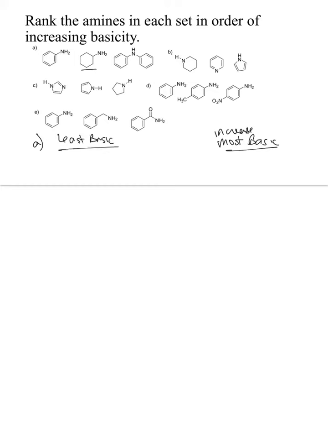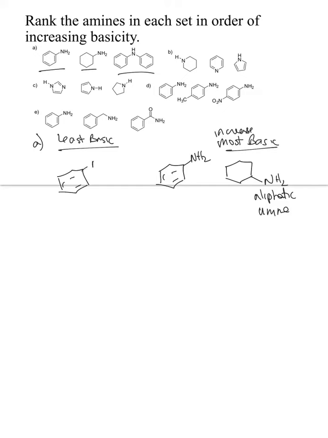The most basic of these three in group A is a primary amine, an aliphatic amine. Aliphatic amines are more basic than aromatic amines. This has 1 aromatic ring and this one has 2. So I would put aniline in the middle and diphenylamine as my least basic.